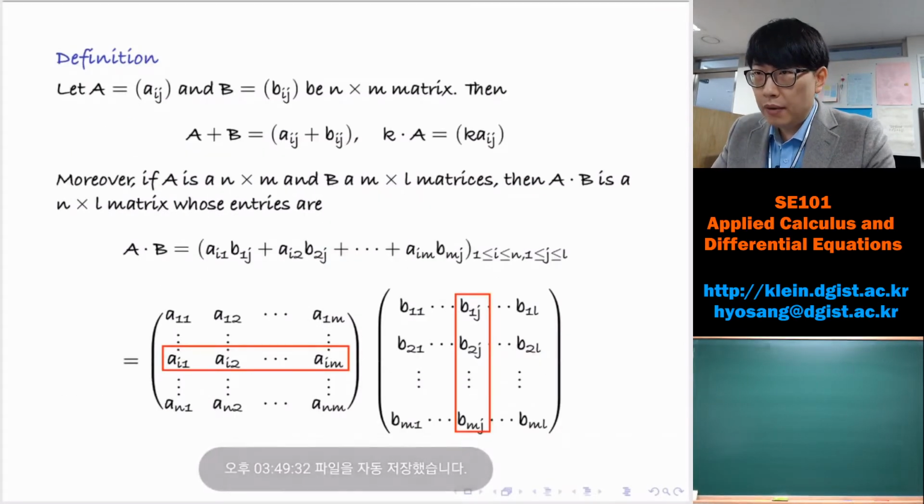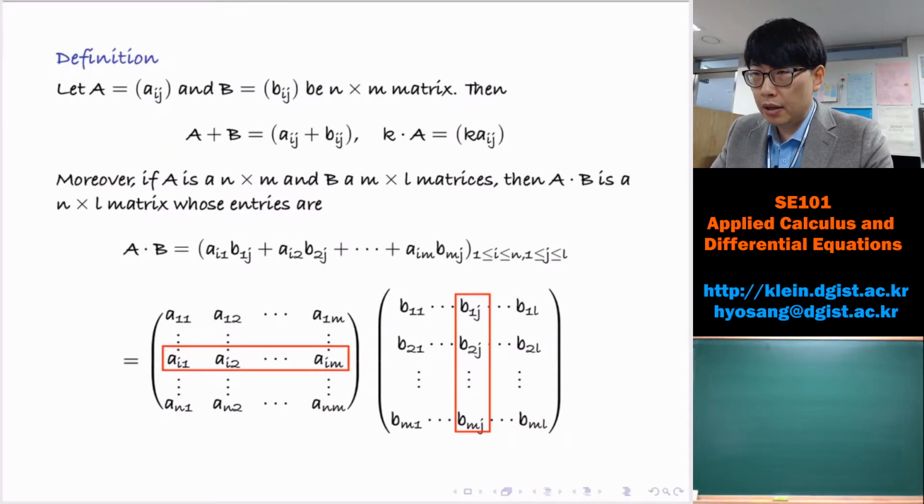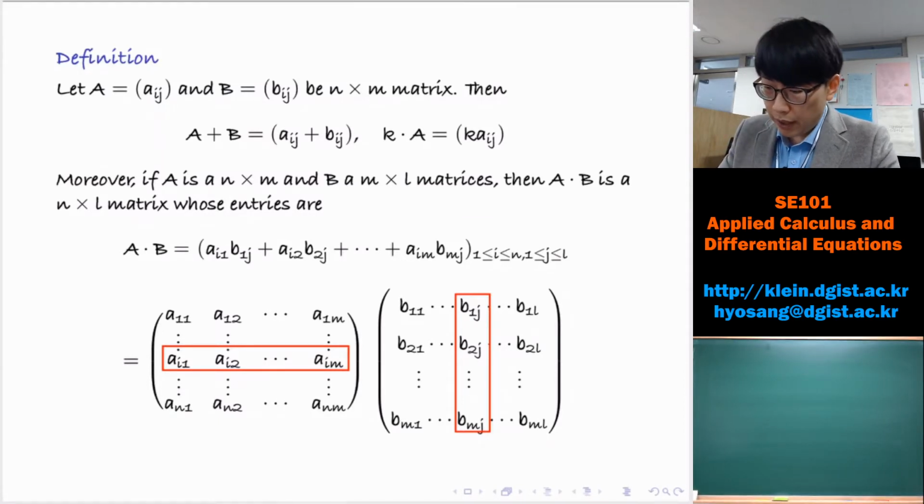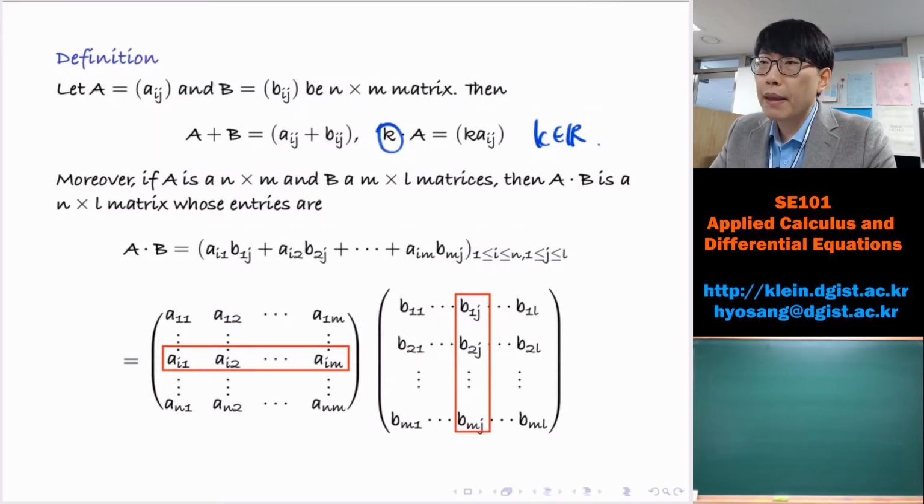If you have matrices of the same size, you can add 2 matrices elementwise. Also, regardless of the size of the matrix, you can always multiply by a constant. Here k is a constant, for example a real number.